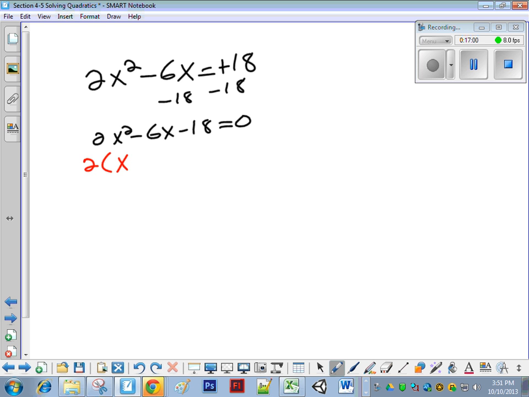X squared minus 3x minus 9 equals 0. All right, and I'll do my diamond with negative 9 and negative 3. What multiplies to 9 that's 3 apart? Would you believe? Nothing. Never mind.